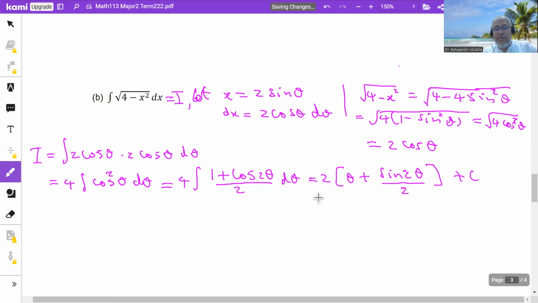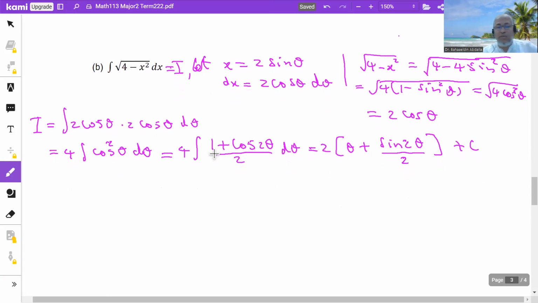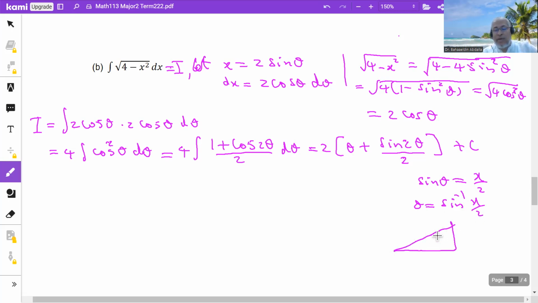That's the answer, but we need to go back from theta to x. So we have here x equals 2 sine theta. So we know that sine theta is x over 2. So from here I can find theta. Theta would be sine inverse x over 2. Also from here, I can draw the triangle of theta.